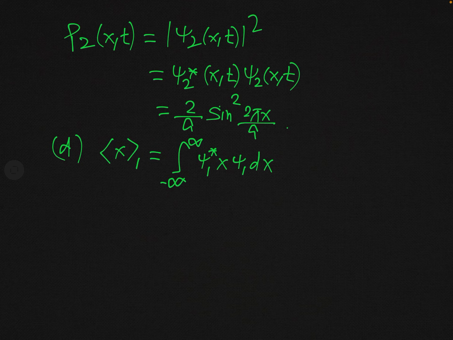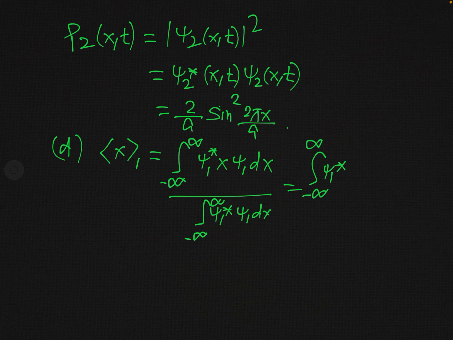So the factor in the integral, which is psi 1 star times psi 1 dx, is equal to 1, because psi 1 of x is normalized. So this integral in the denominator will be 1. So you can write this as the integral from minus infinity to plus infinity of psi 1 star times x psi 1 dx.